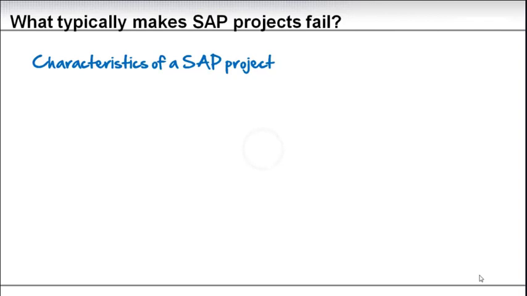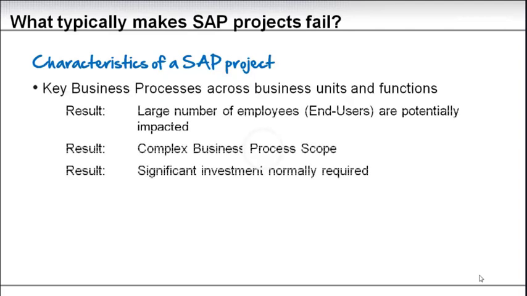To answer that, let's have a look at the characteristics of an SAP project. Normally an SAP project impacts a number of key business processes across business units and functions. The result is that a large number of employees, or end users, are potentially impacted.